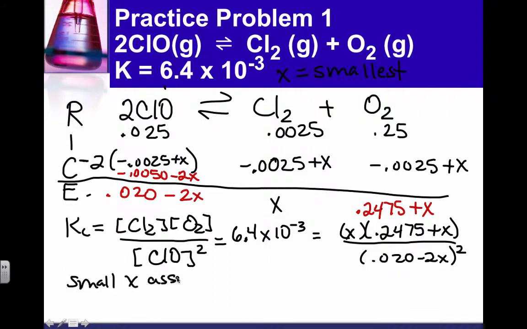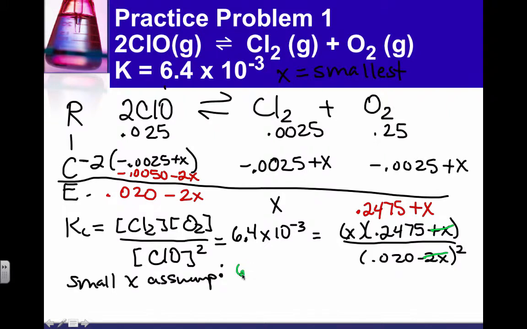So when I use the small x assumption, that means essentially this value doesn't matter, and this value doesn't matter, because if I add a really small number to what I already have, it's not going to change the value that I have by very much.